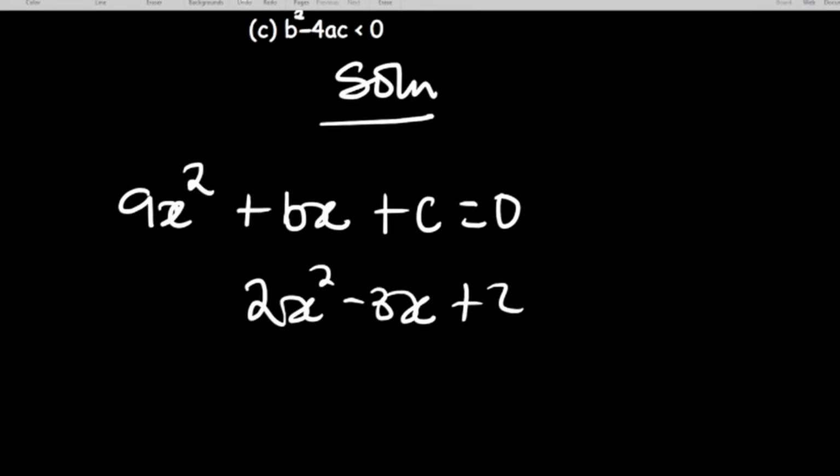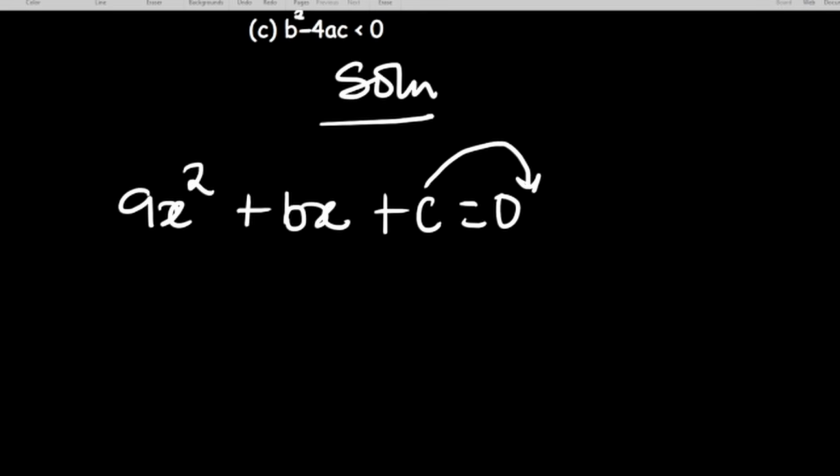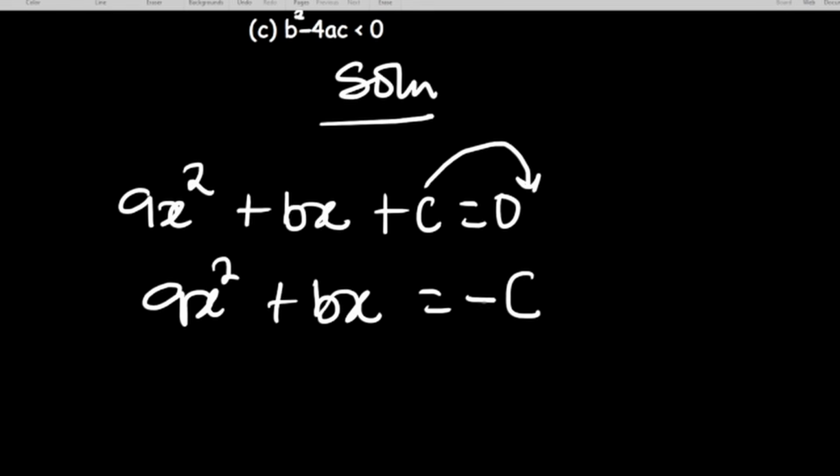And this now implies that we are going to divide the entire equation by a, okay? First and foremost, let me move the c to the other side. So we are now going to have ax squared plus bx is equal to -c.